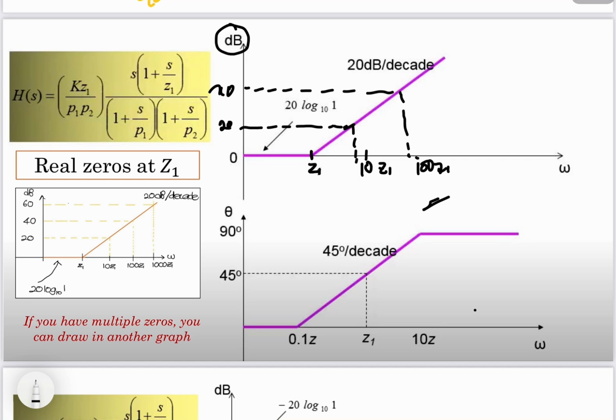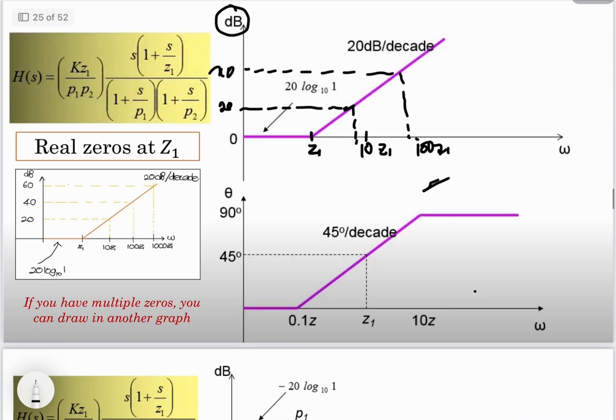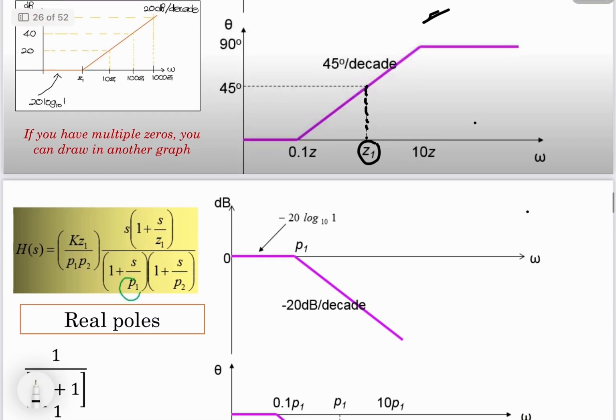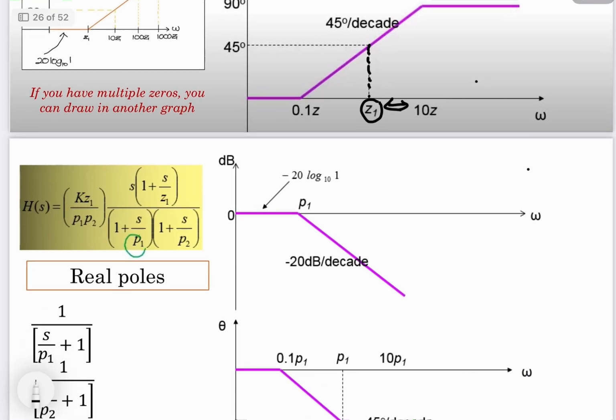Alright, so 20 decibel per decade tu dia akan naik dekat Z1. Tetapi kalau kita melibatkan angle, macam yang saya kata, you punya Z1 tu must be at the center, which is the 45 degree per decade. Okay, so you have 0.1 and then you have to draw another 45 degree after the 10 fold. 10 decade kan, per decade.